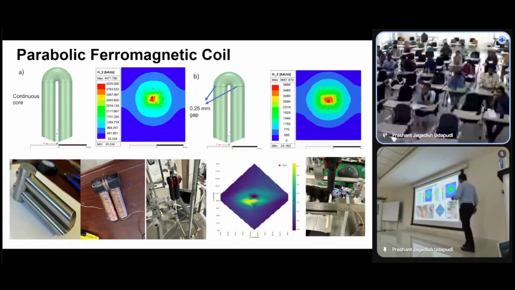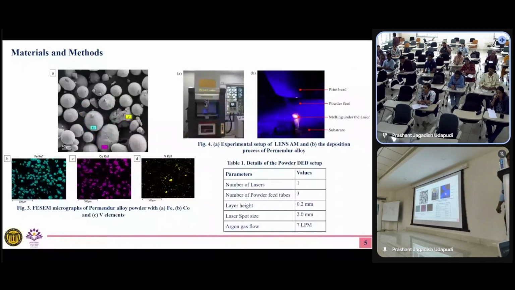So the problem is we are not able to make this shape with regular machining. So what do you do? You have to 3D print it, right? So that's where we took that material called Permendur. It's an alloy of iron, cobalt, and vanadium. So we took iron, cobalt, vanadium powder, mixed it together.